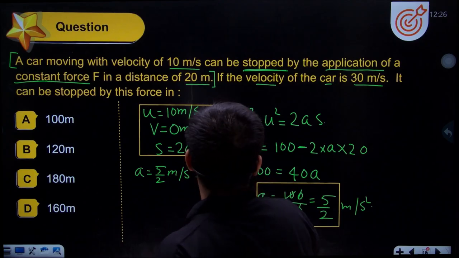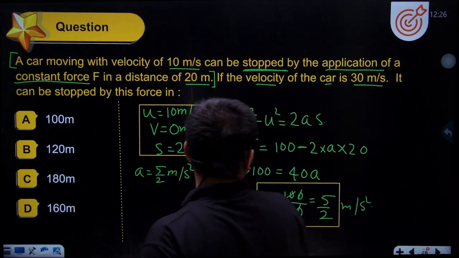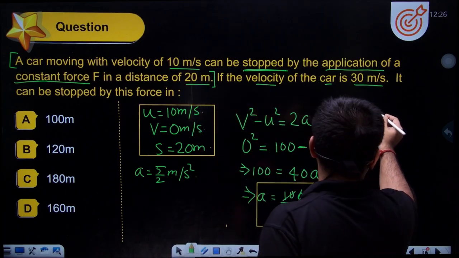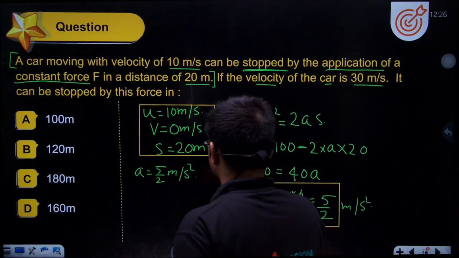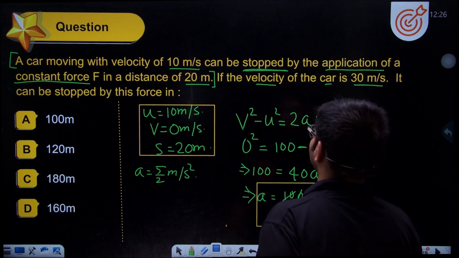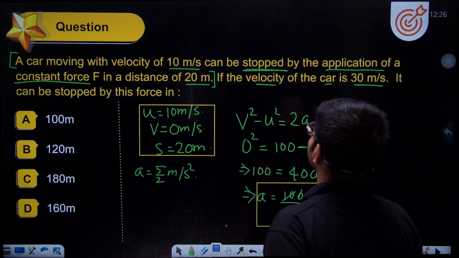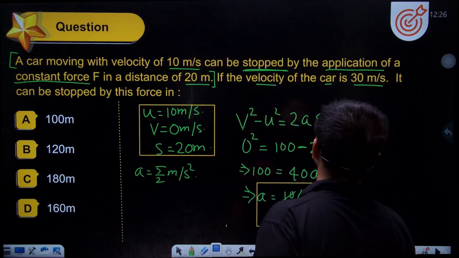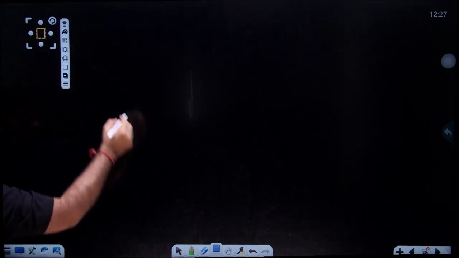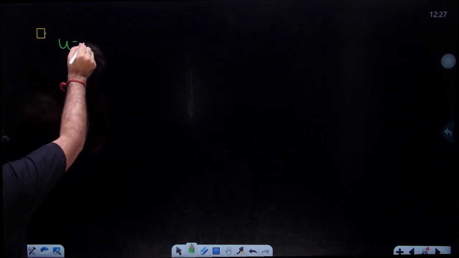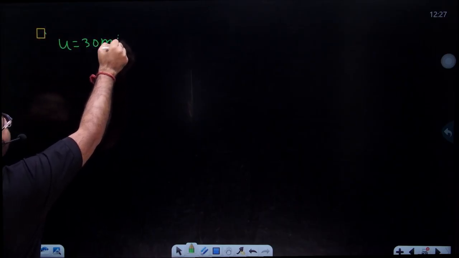Now what will we do? Here again we need to apply the equation. Just a minute. Here the velocity of the car is 30 meter per second, so please consider in my second case u is equal to 30 meter per second.